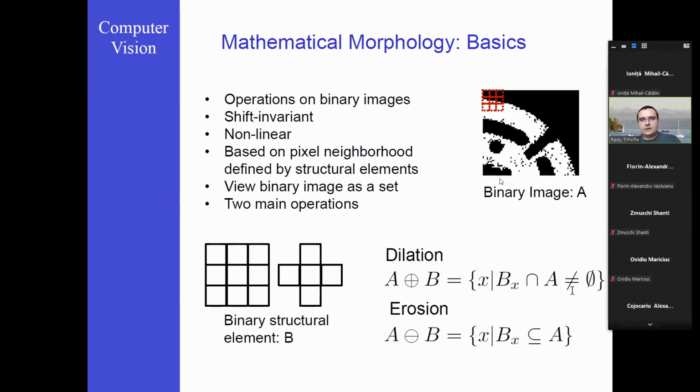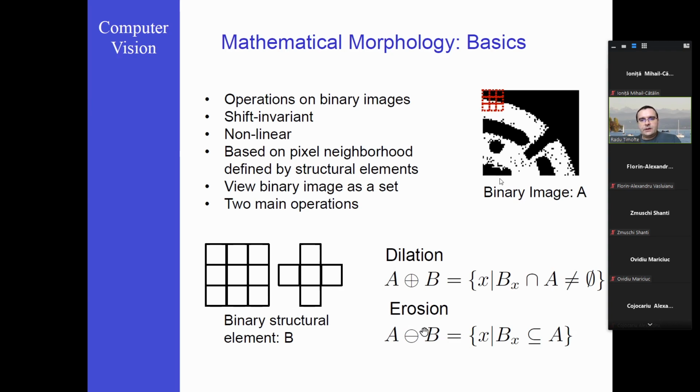Basically, in the dilation case, we are doing an intersection between this structural element and the image. And if the structural element with the image has some pixels that belong to the foreground, then we are just getting that pixel also to the foreground.